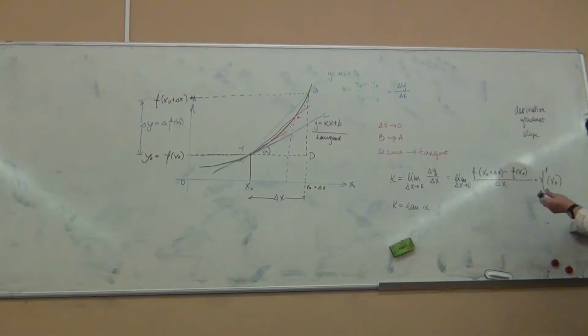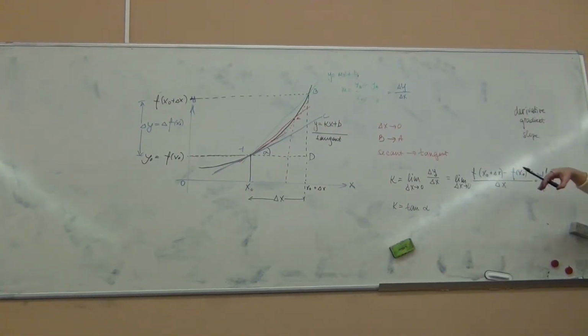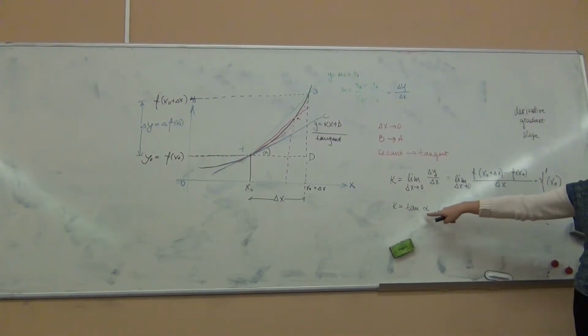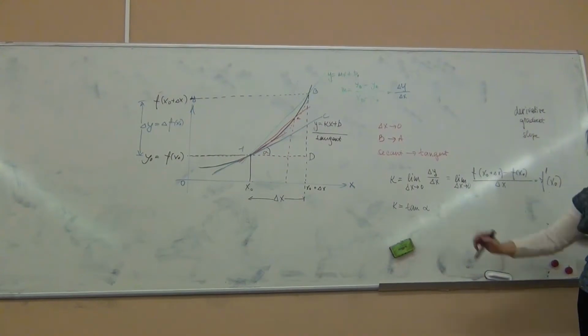So secant trigonometrically is something else than the secant geometrically. We are now talking about secant and tangent geometrically, but coincidentally or not so coincidentally, the name for the tangent line is the same as the name for the trigonometric function that defines its slope.